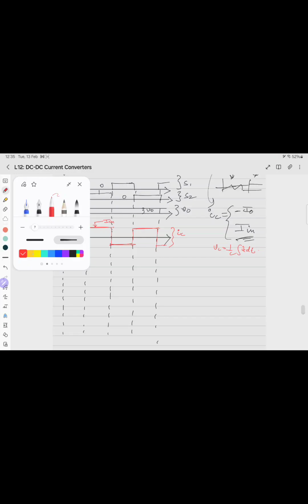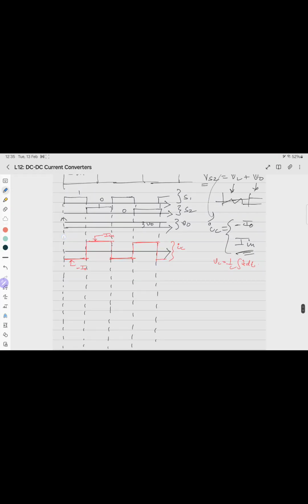It is like this: falling edge, again rising edge, falling, rising, and falling. This waveform is VC. Again, this is delta VC, and this term is capital VC.